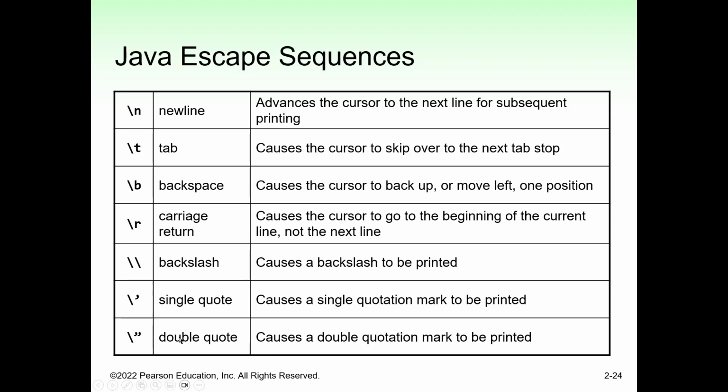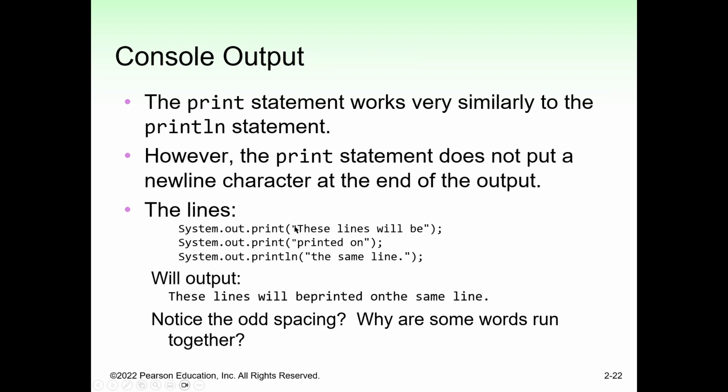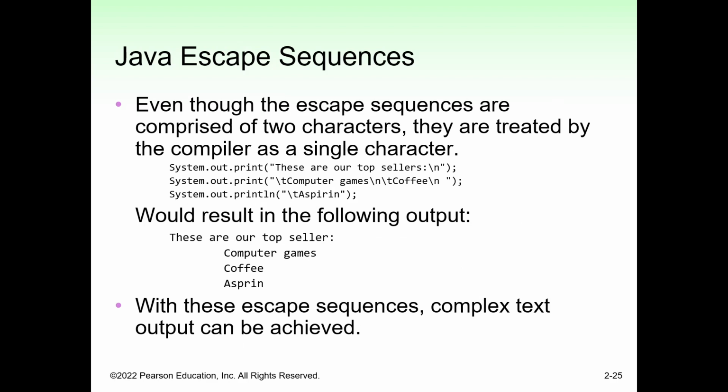You cannot just put a double quote, because whenever we want to print our strings, we have to use double quotes and put the strings that we want to print inside of those double quotes. So you might be thinking, we have two characters right here, but only one is being printed. And it's simple. It's coded into the language. Your compiler will automatically know what to do with your escape sequences.